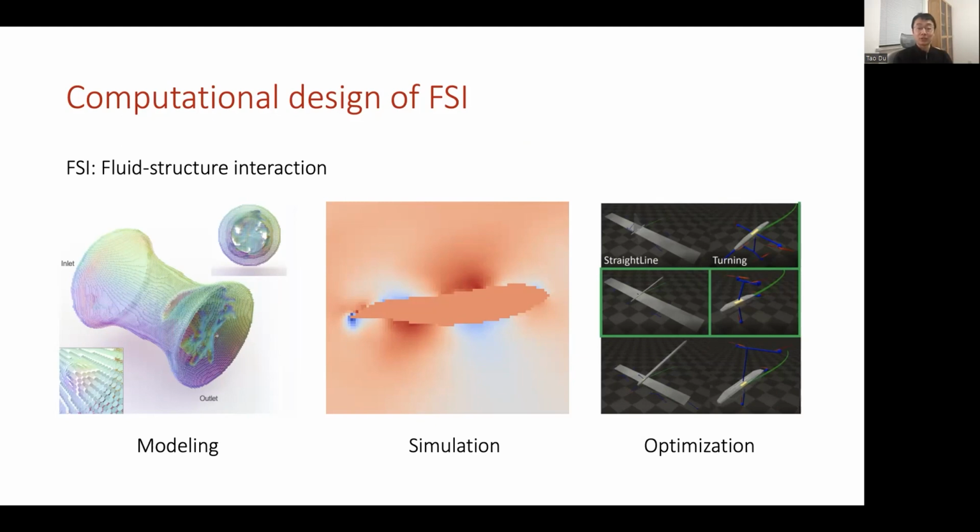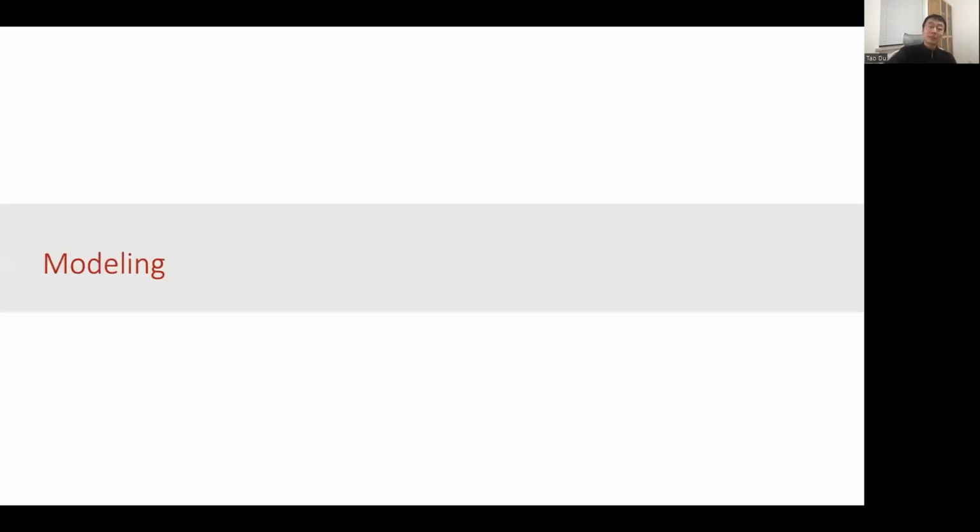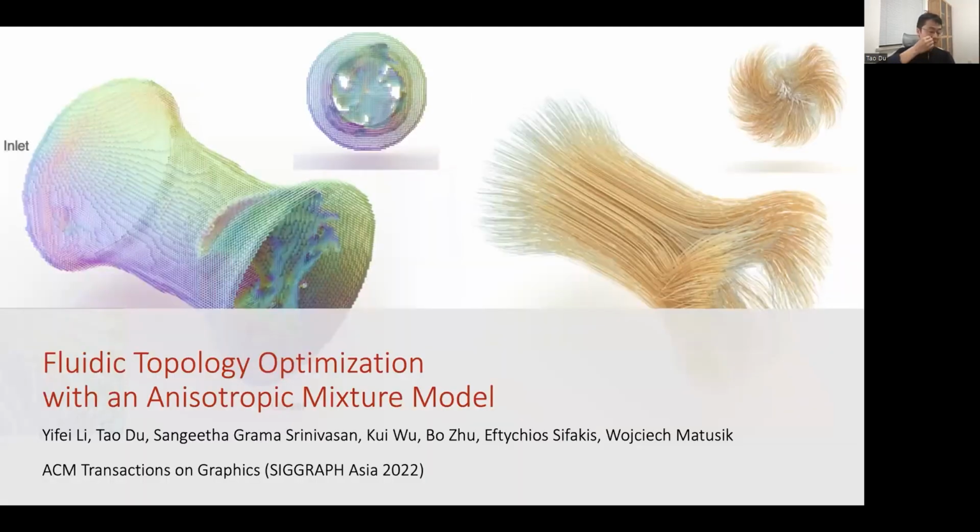I'm going to use some of our recent works in each category to share our findings during this endeavor of computational design. I will begin with a story about modeling, which turns out to be a crucial stage when we try to establish a design representation for solid-fluid structure.